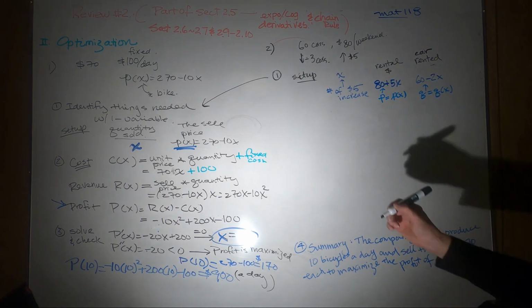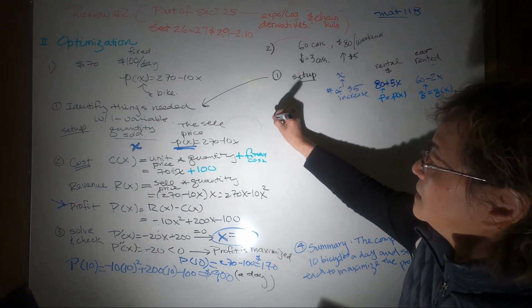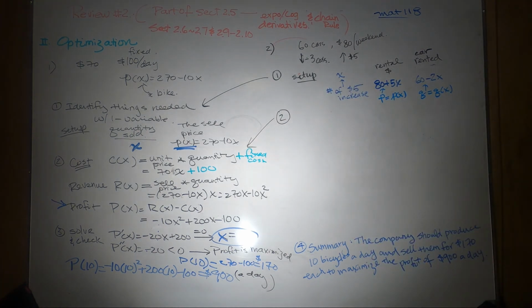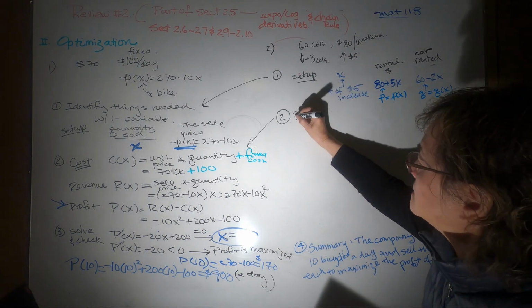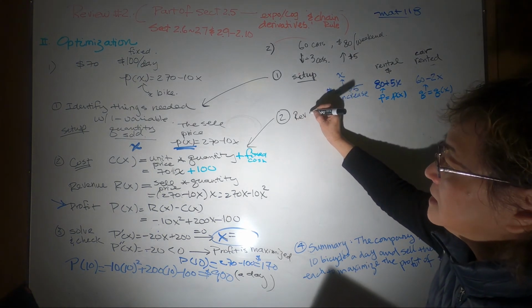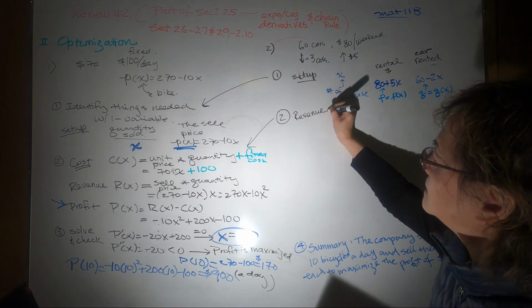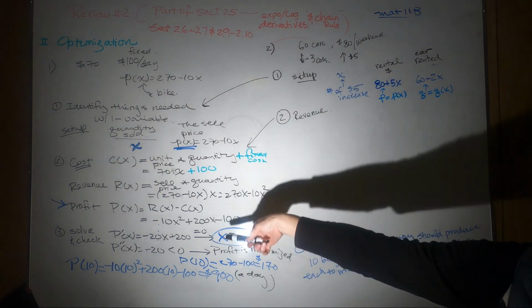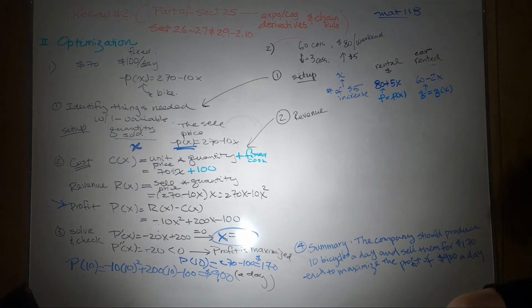Okay. Then second step, we need to write our function. Then you have to think about how to write it. It's not that straightforward sometimes. This one is straightforward. Cost, revenue, profit, right? When you buy and sell.